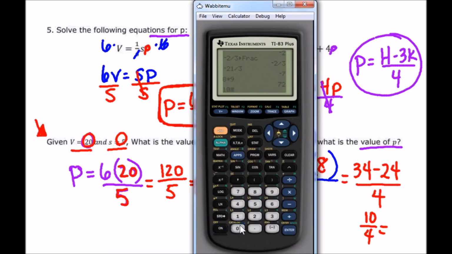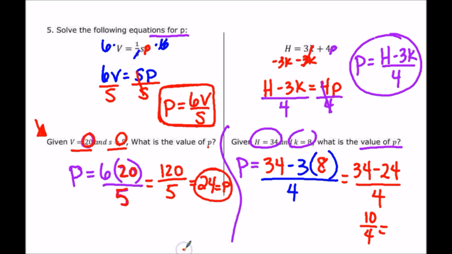So now it's 10 divided by 4. And then I'm going to press math, enter, enter. Math, enter, enter reduces all fractions, simplifies it. So my answer is 5 over 2, and that equals our trusty letter P right there. Okay, folks? So 5 over 2 is our answer. Sweetness. Now, what can we do from here?